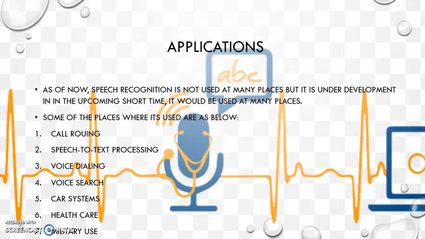As you speak it will do the tasks while driving, so you don't have to do things manually that distract you. Then come the healthcare and military uses of speech recognition.